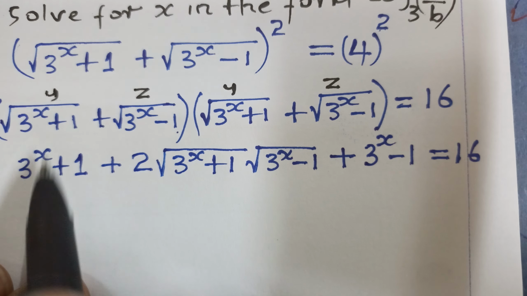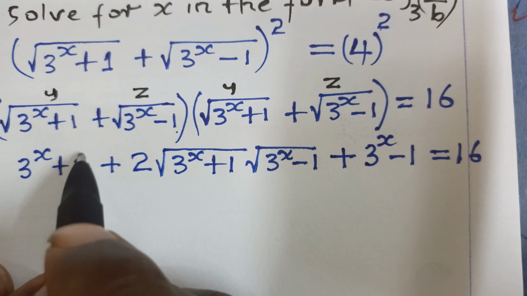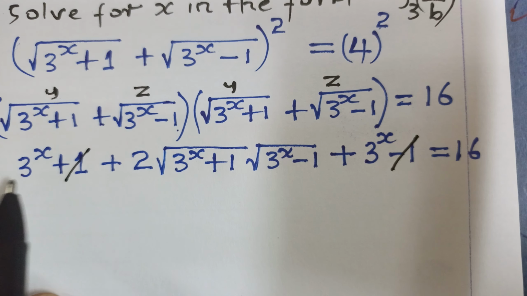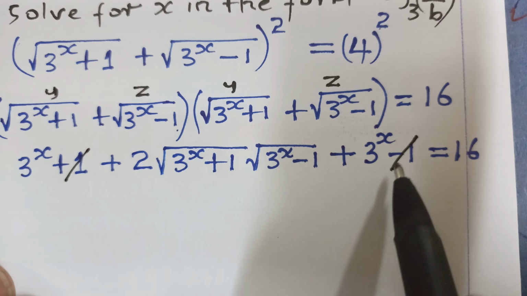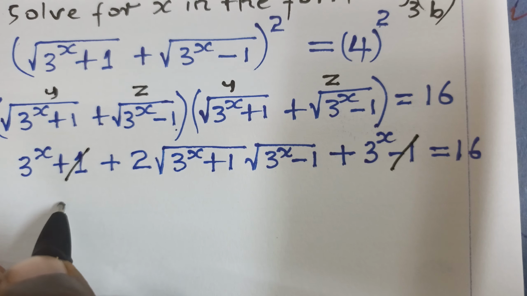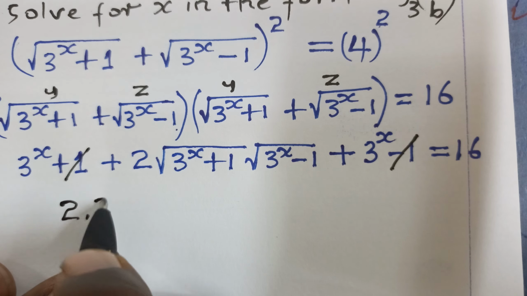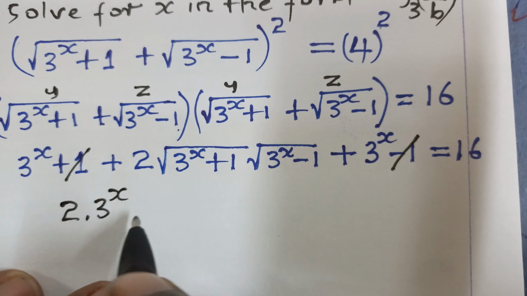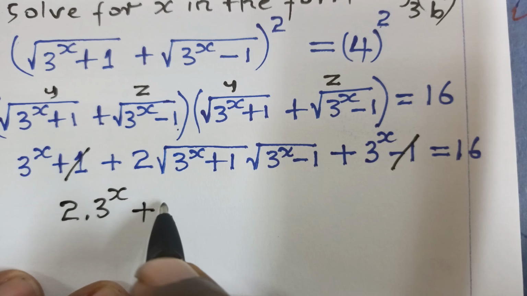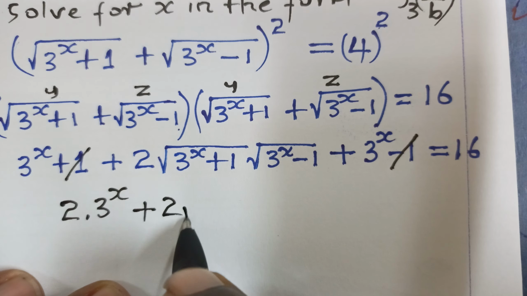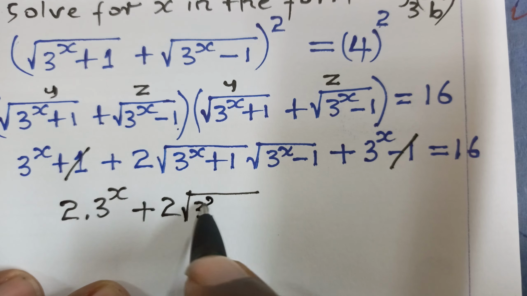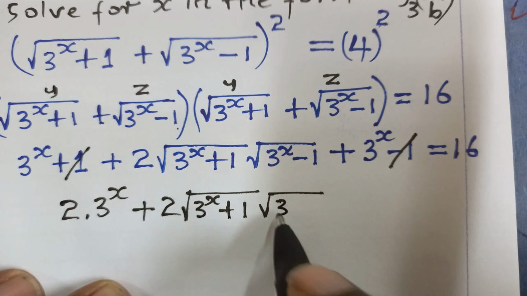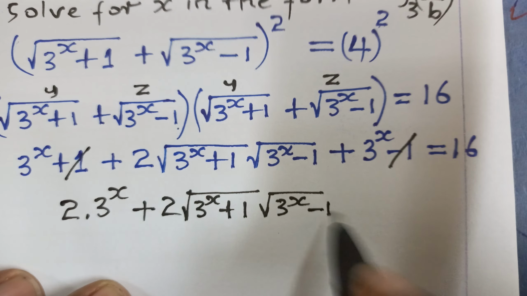From there, we can cancel the plus 1 and the negative 1. We are left with 3^x plus 3^x, which gives 2 multiplied by 3^x, plus 2 times the square root of 3^x plus 1 multiplied by 3^x minus 1.